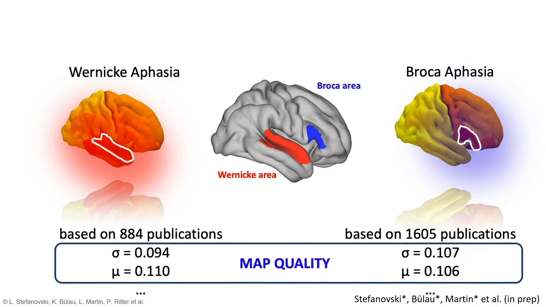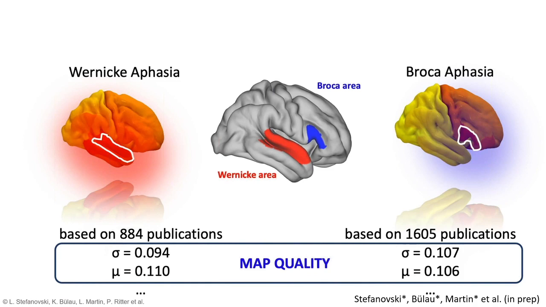And of course, other areas are relevant for this as well, because it's always a dynamic system of interconnected brain areas. It's always a system of brain areas that is relevant for a certain disease or pathology, for example.